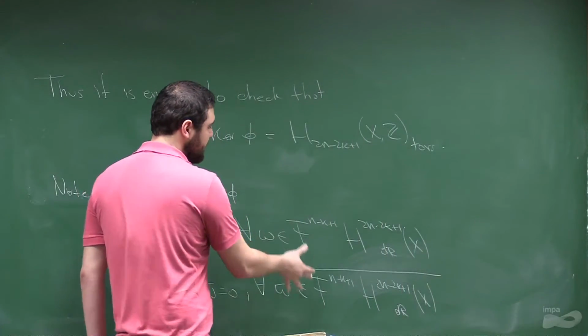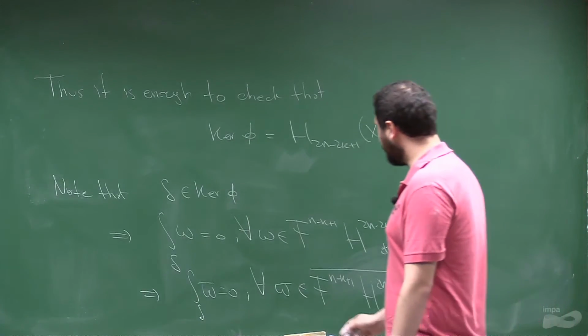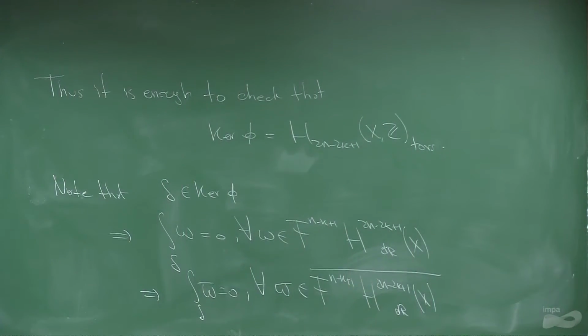And since the sum of these two is everything, we conclude that this integral is 0 for every omega in H^{2n-2k+1}_{dR}, which is equal to F^{n-k+1} H^{2n-2k+1} plus its bar. And so delta must be in the torsion part, right?